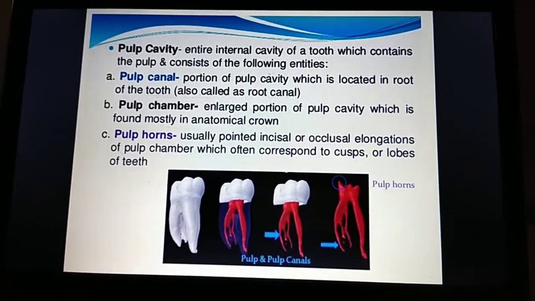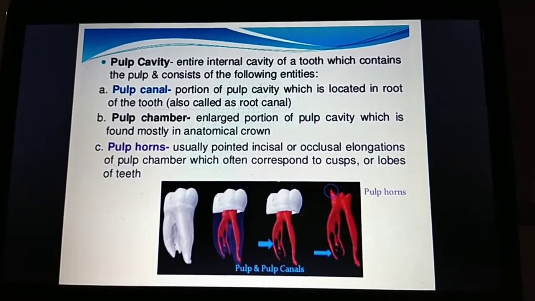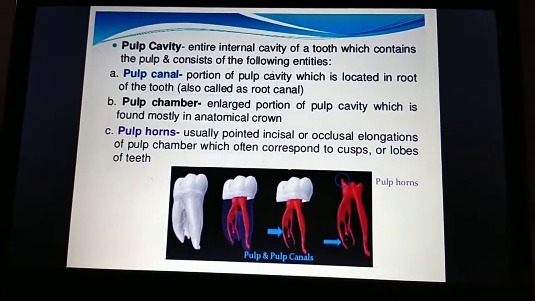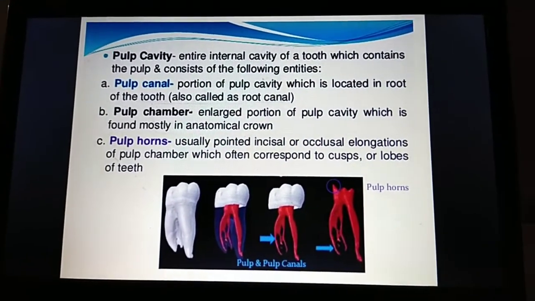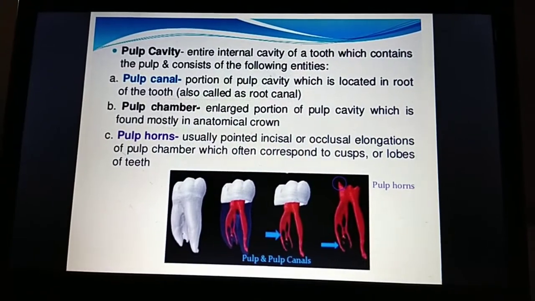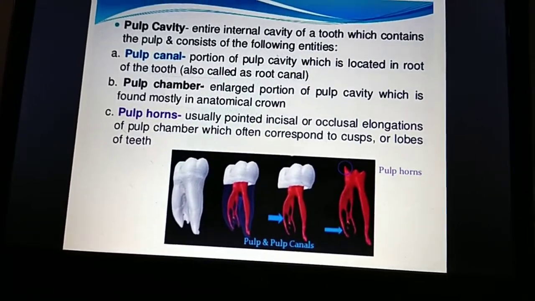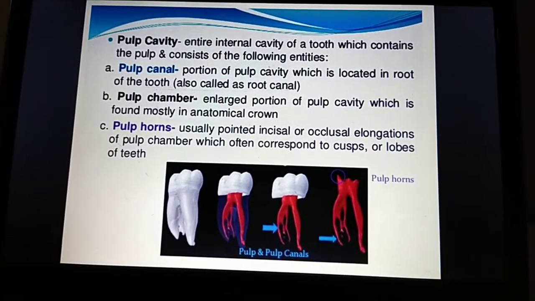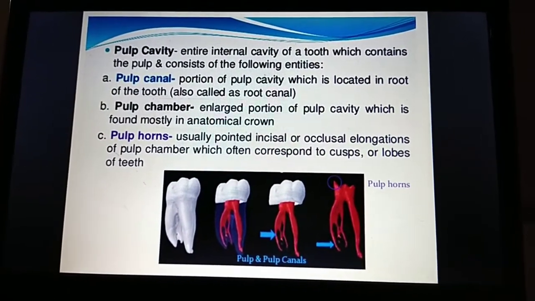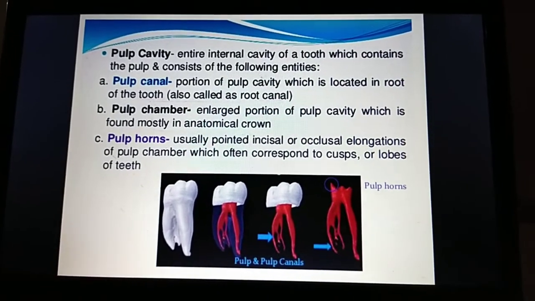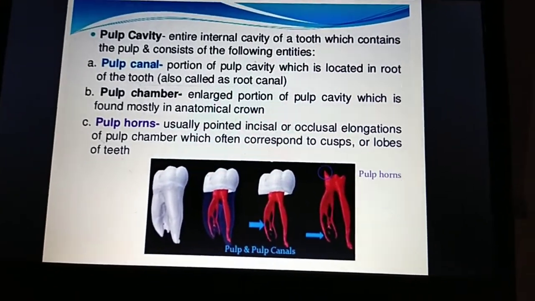These root canals have blood supply and vessels, so they become more prone to infections. Because of that, at the dentist they do root canaling, which means they remove the infected part, clean it, and fill it with some material. That is called root canaling.